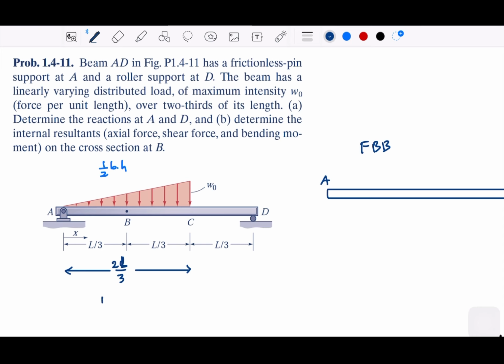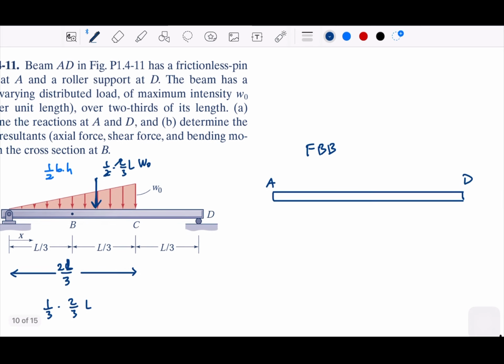So we need to take 1/3 of 2/3, so this will be maybe around here. That will be the half of 2/3L and then V0.